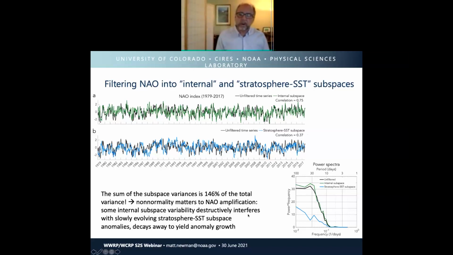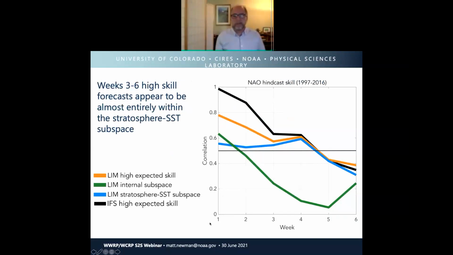And that's basically showing the importance of this issue of non-normality to the NAO amplification. In other words, internal subspace variability is sometimes covering up the more slowly evolving stratosphere-SST subspace, and that covering up gives you initially small anomalies, and then as the internal subspace goes away, you're left with the stratosphere-SST anomalies, and that becomes anomaly growth, and that becomes most of the skill.